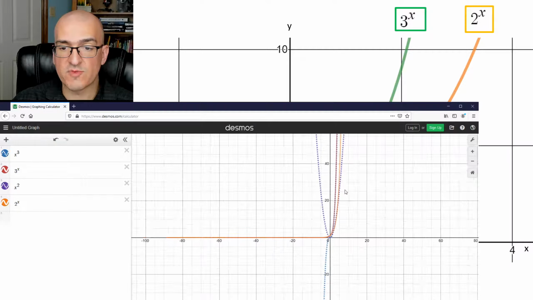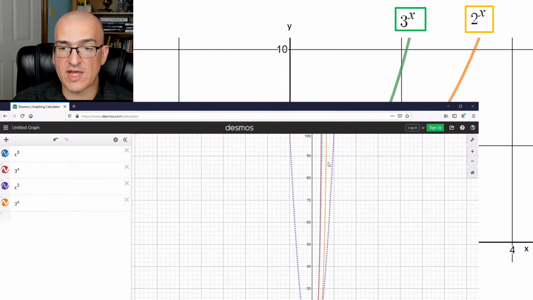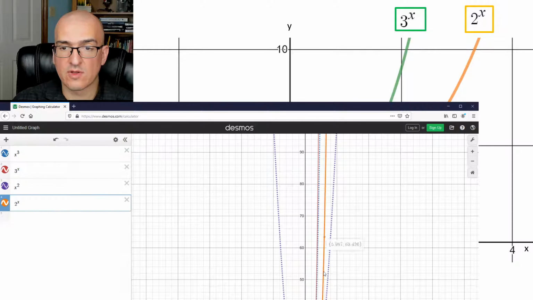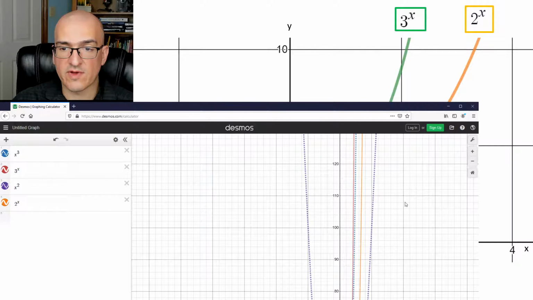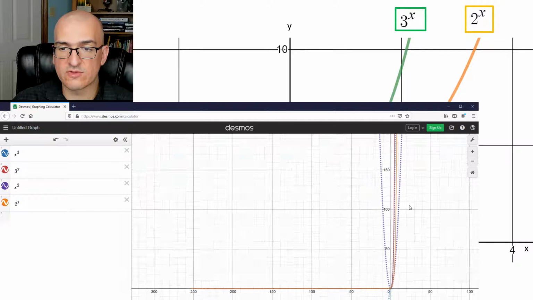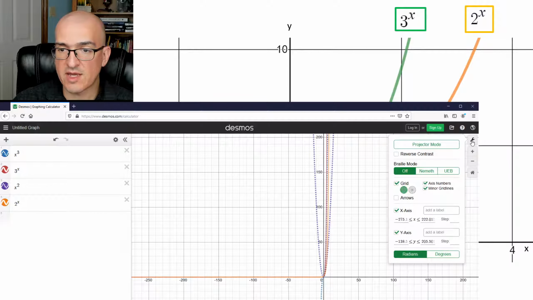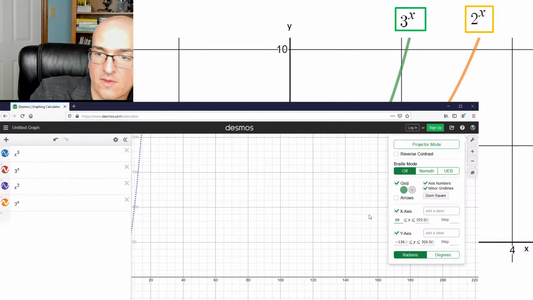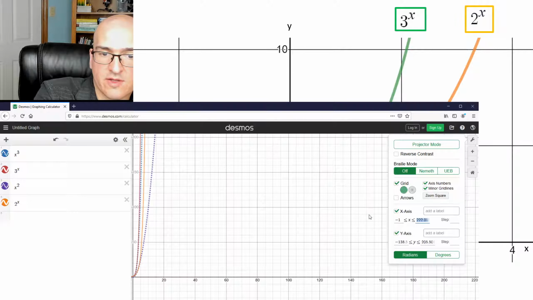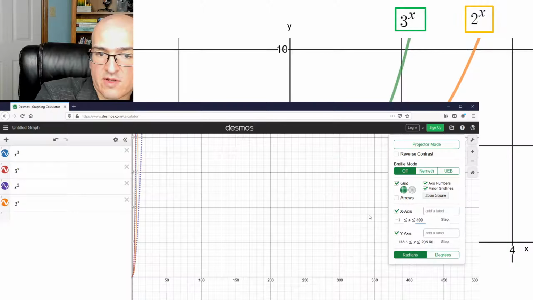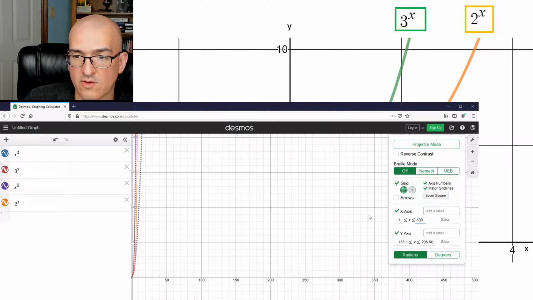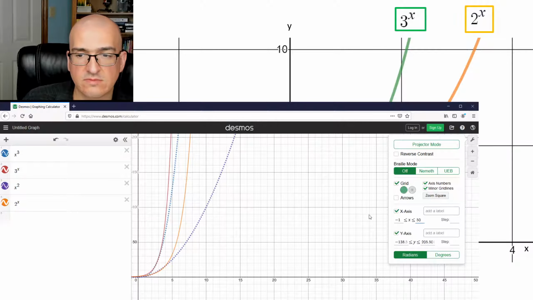If you zoom out far enough, you'll just see how quickly. It's going to take a while to zoom out far enough, so I'm going to cheat. I'm not going to zoom out, I'm going to change my scale. Let's go from -1 to 50.